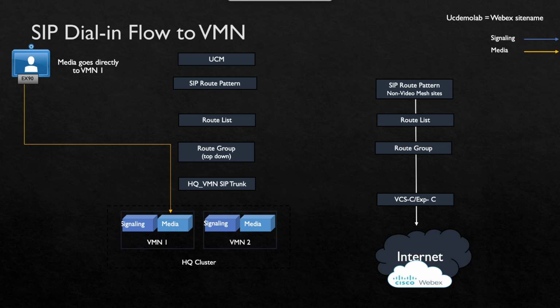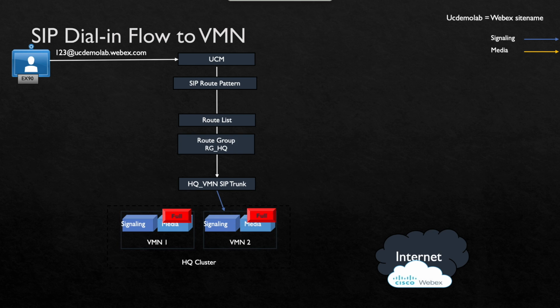Now, what happens when an endpoint tries to connect to a meeting, but there's no resources available on the Video Mesh node, right? Because it's at max capacity, a bunch of users have called in or having meetings, someone else tries to join a meeting, what happens then?